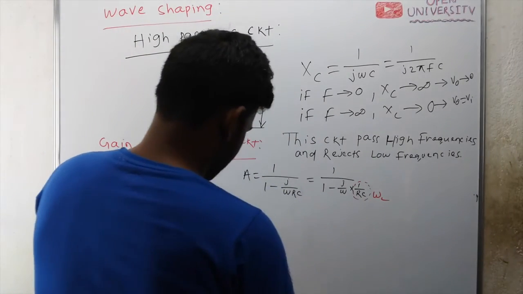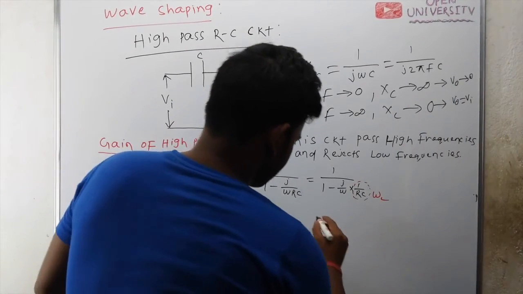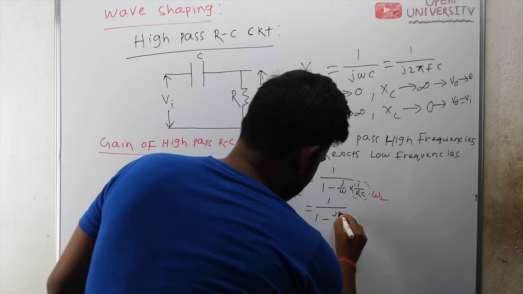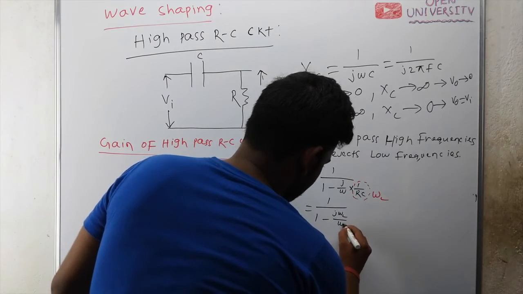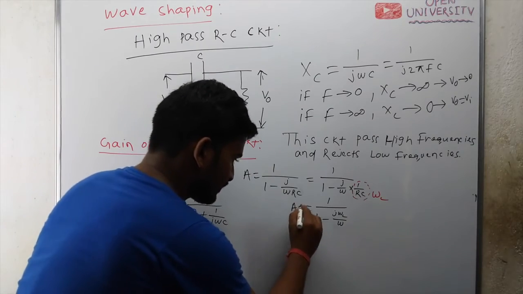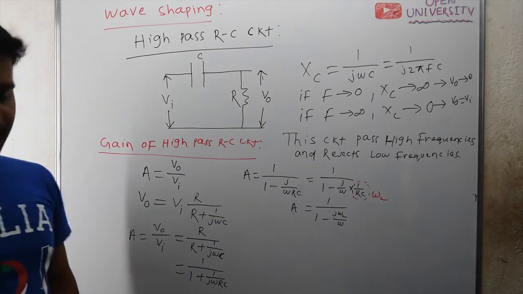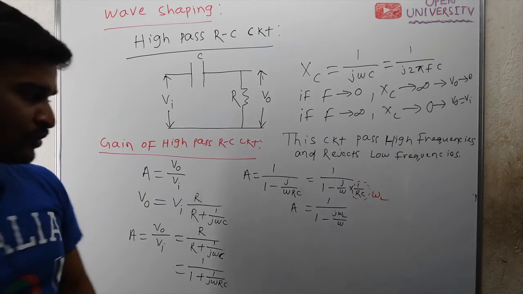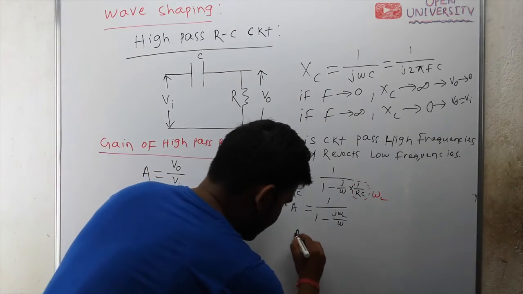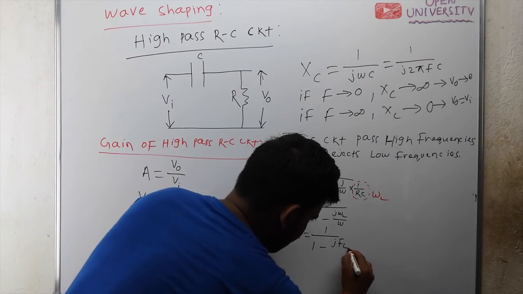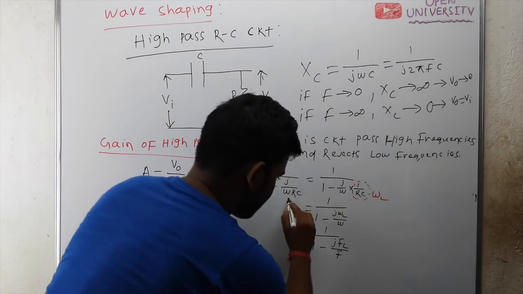Then what will be the gain? Gain will be 1 by 1 minus j omega L by omega. This will be your gain. Or you can write gain equal to 1 by 1 minus j fL by f.